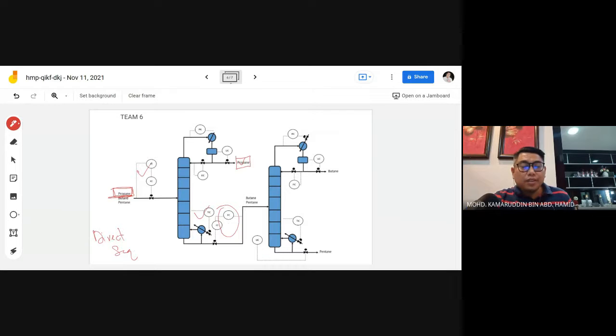Whereas the feed entering the first column, you have already flow controlled. What enters the second column you also flow control. Because of two components. If two components, why do you want to flow control? Remember, you are talking about flow rate.